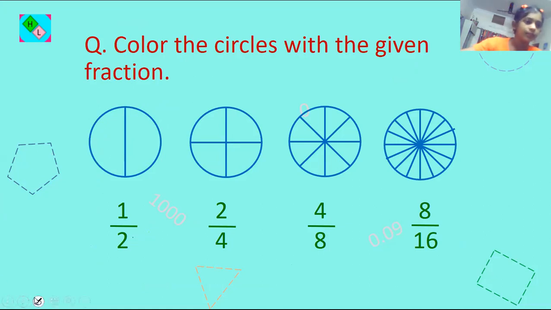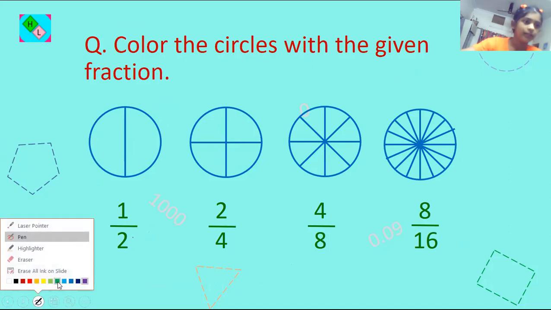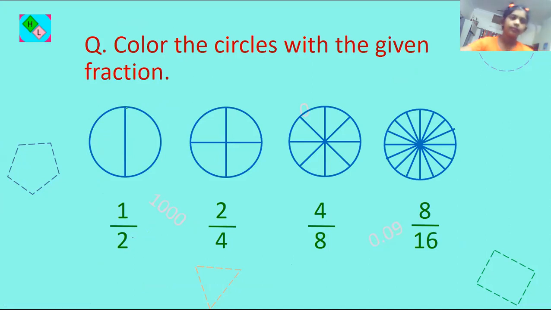So let me take a color. Here is 1 by 2. 1 by 2 means what? Half. 1 by 2 means there are 2 parts. We need to color one part. That means we will color this one. Okay, first one done.